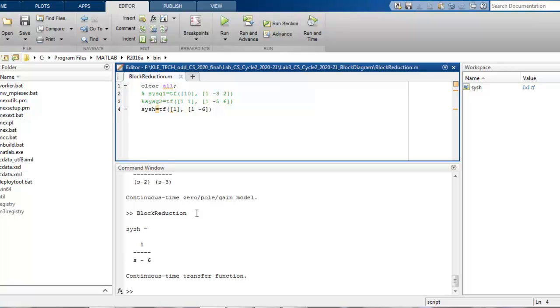So s minus 6. If I write the next as 0, that means the coefficient of s square is 1, now the coefficient of s is 0, then s to the power 0 is minus 6. If I run now, then you'll get s square minus 6 directly. This is how you need to interpret.